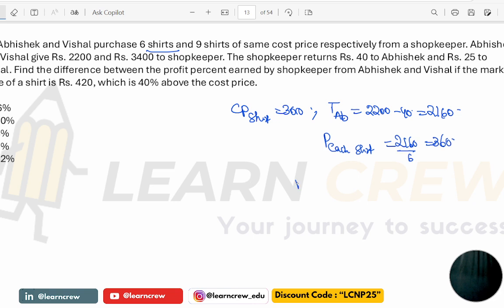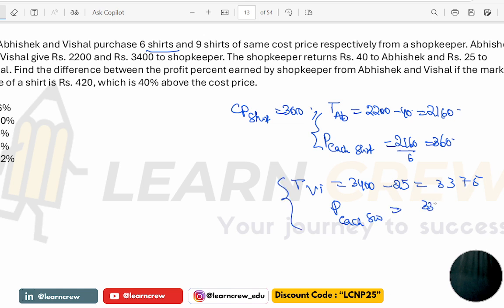And total price paid by Vishal would be 3400 minus 25, which is 3375. It is for 9 shirts. Price of each shirt by Vishal is 3375 divided by 9, which is 375.